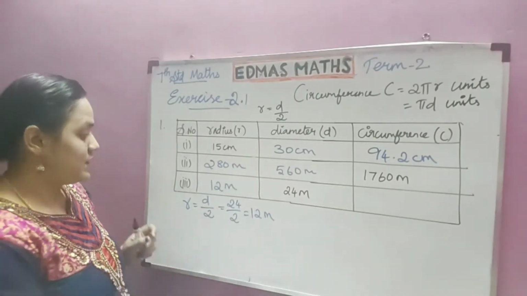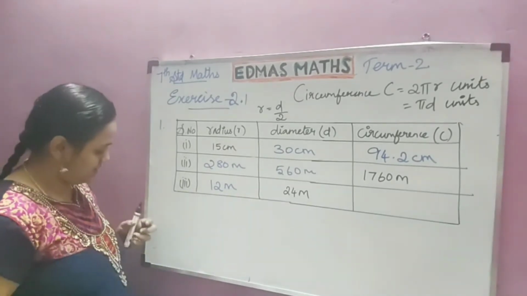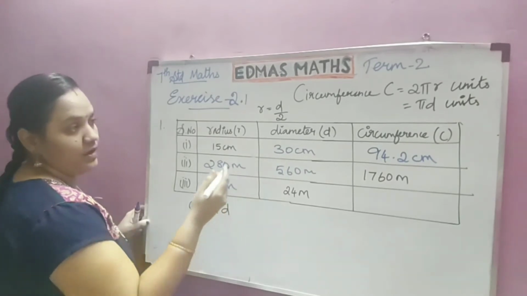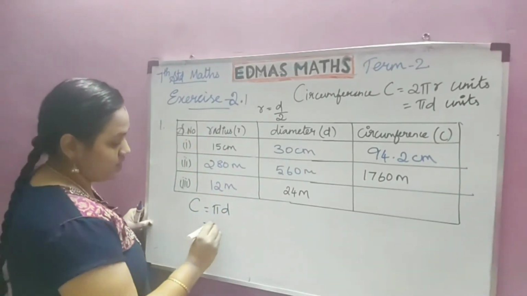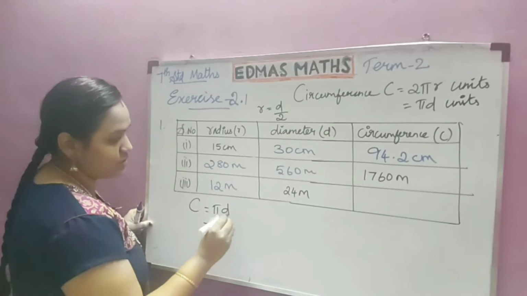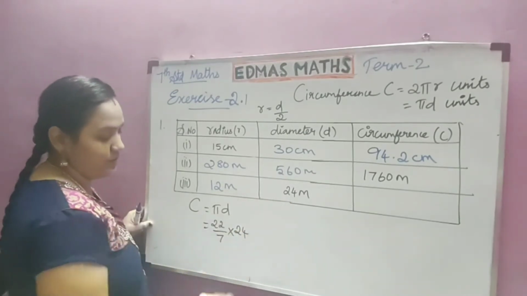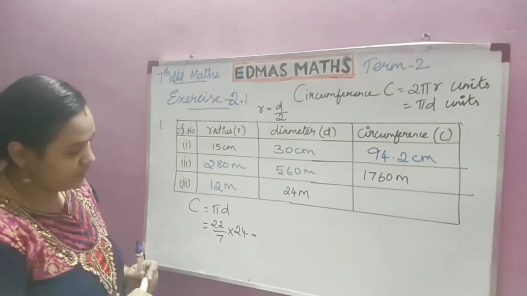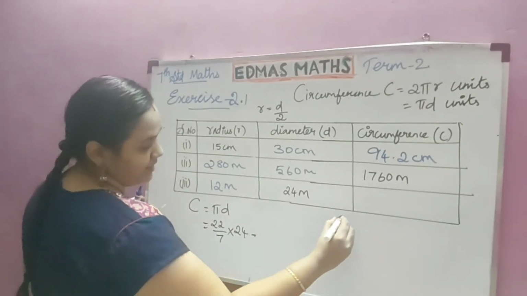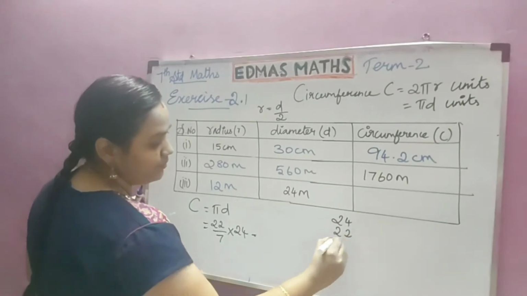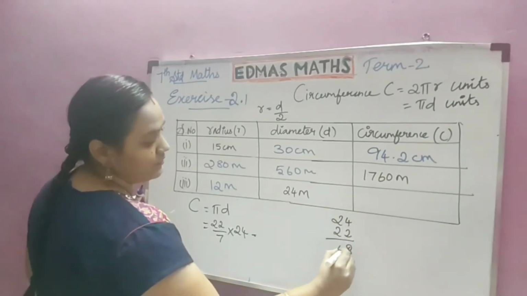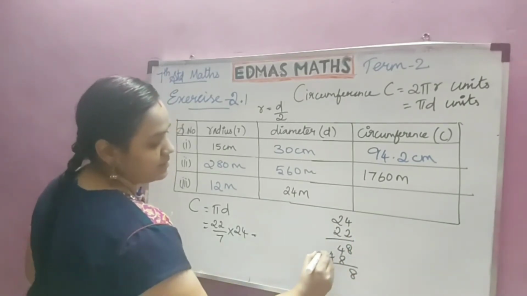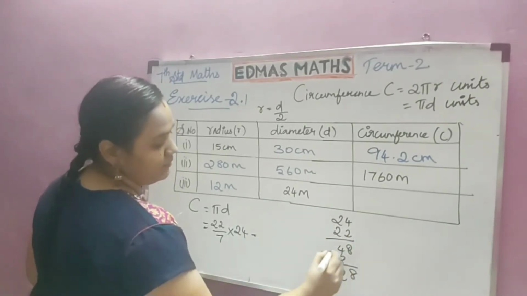Now, shall we find the circumference? Yes. For the circumference formula, either you can use pi d or we can use 2 pi r. So pi d means 22 by 7 into diameter 24. Now we can't cancel, so we have to multiply. Shall we multiply 24 into 22? 2 2s are 4, 2 4s are 8, 2 2s are 4, so 8. 4 plus 8 is 12.